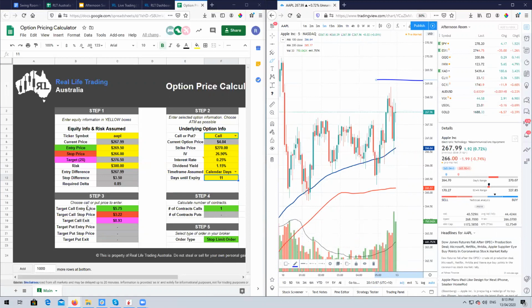You can buy one contract and your stop is going to be at $3.22. So down here, the price of the option will be $3.22, and the target entry price is going to be $5.75.